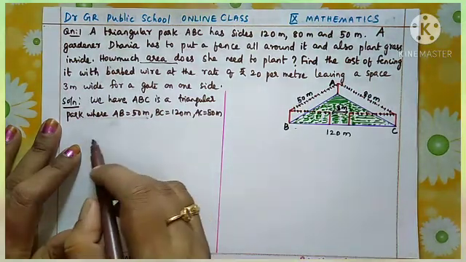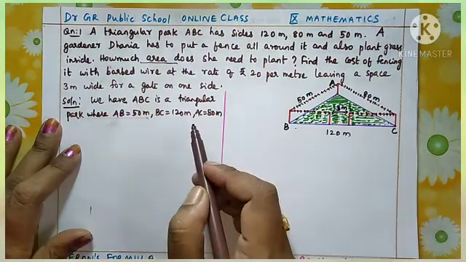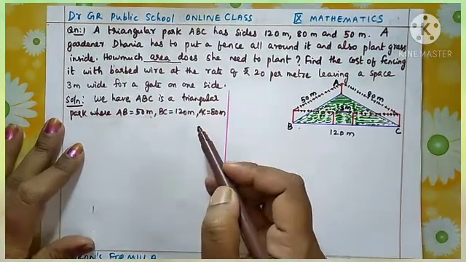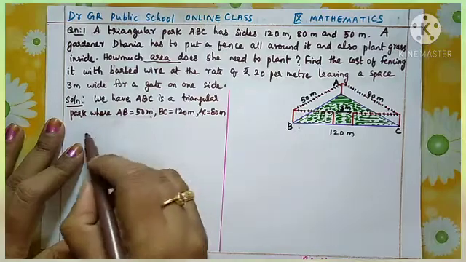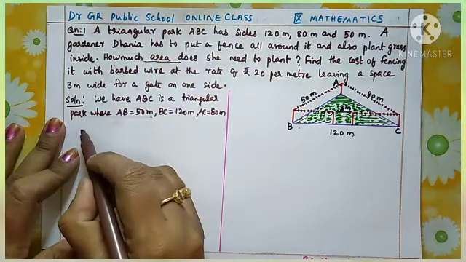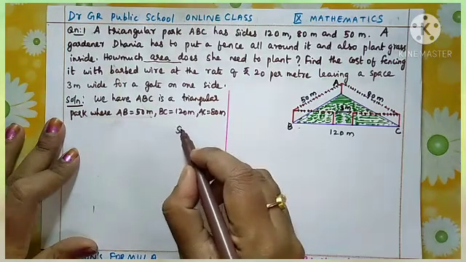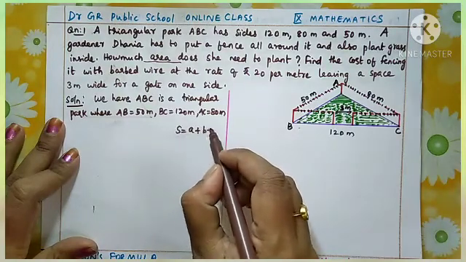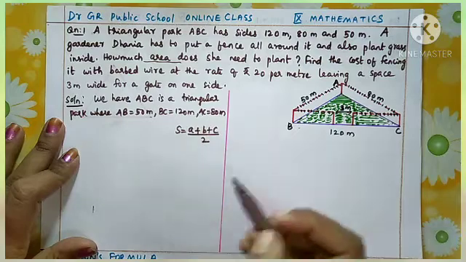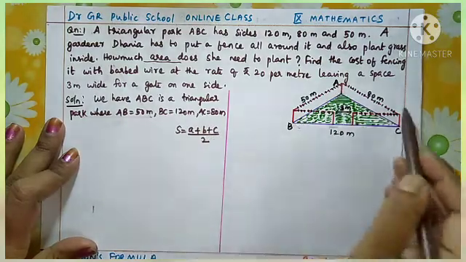Now how will you find the Heron's formula? How will you find out the semi-perimeter? Semi-perimeter, we have S. What is the formula for S? S is equal to A plus B plus C by 2, where A, B, C are the three sides of the triangle.